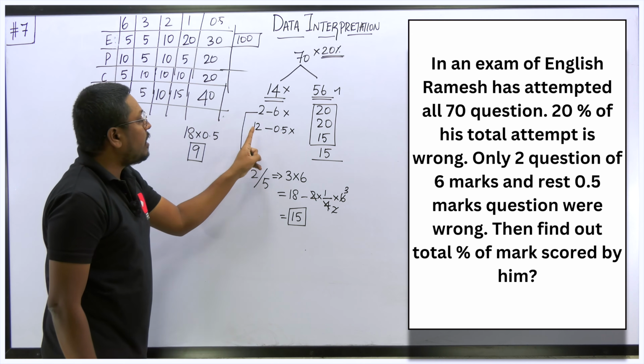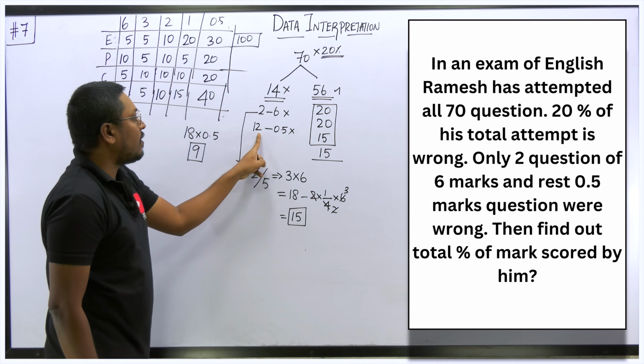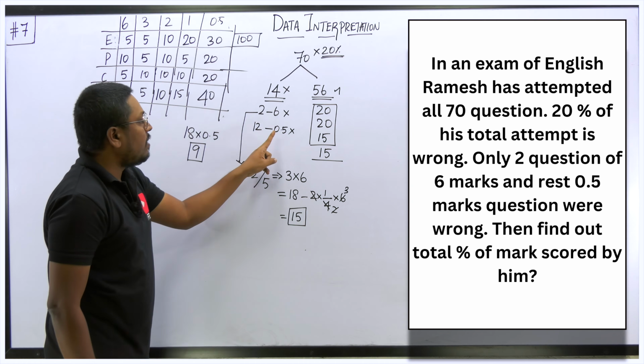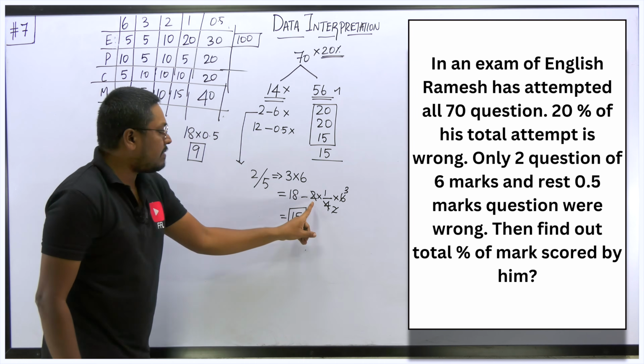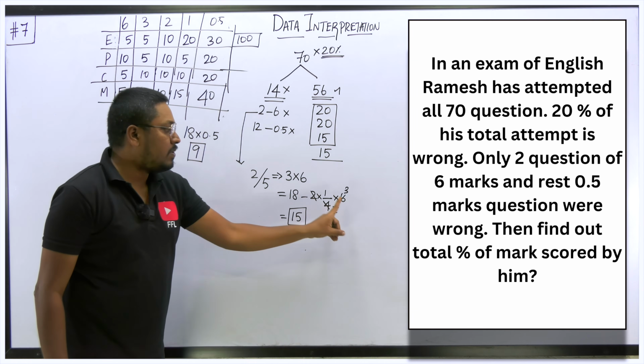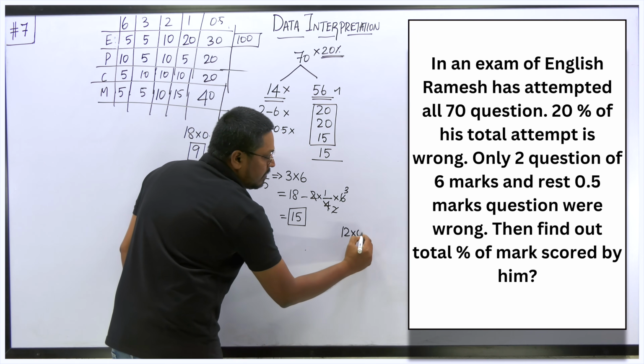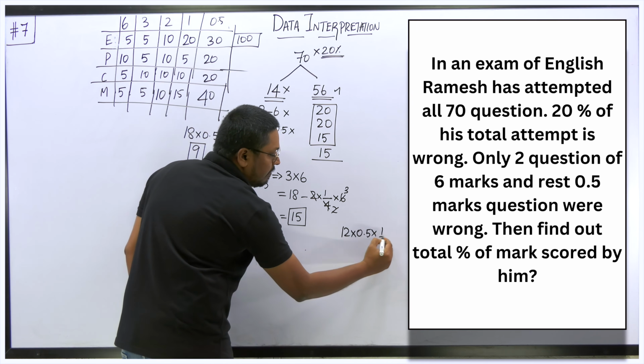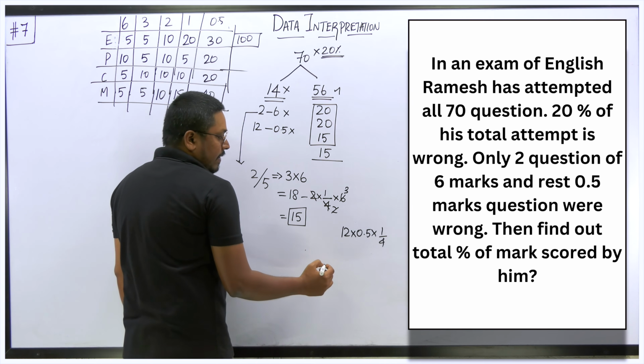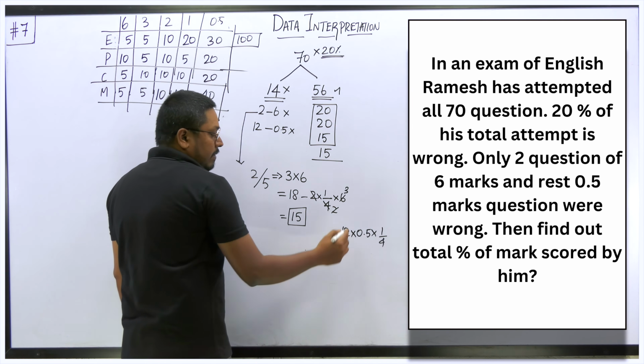And now how many questions were wrong? 12 questions were wrong. So if 12 questions were wrong, so 12 into 0.5 into 1/4, similarly what we did. So 12 into 0.5 into 1/4. So this will be 5/10, so 5/10 will be 1/2.